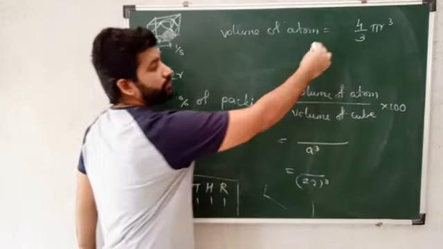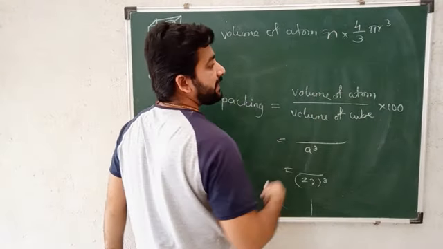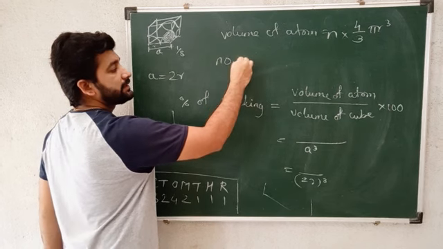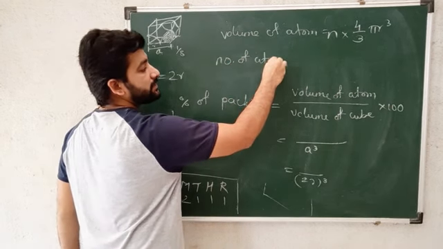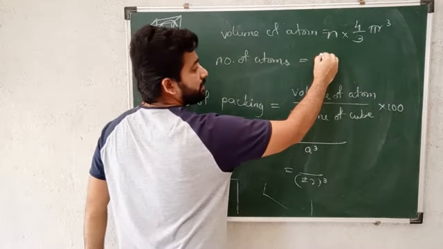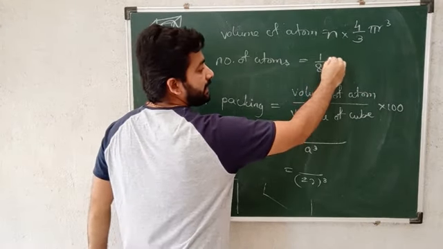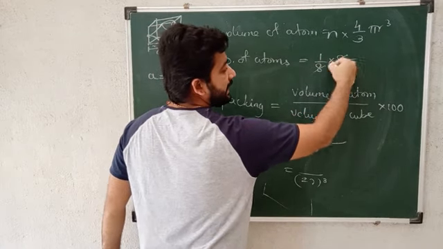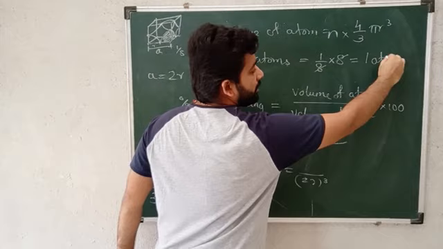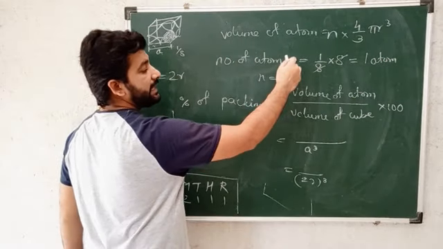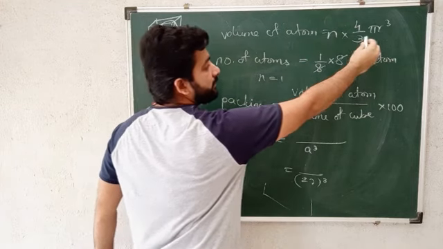So to find out the value of n, that is number of atoms, we are going to see that at each corner, how many atoms are there? 8. And how many corners are there? 8 corners. So this 8 and 8 get cancelled. We get 1 atom.